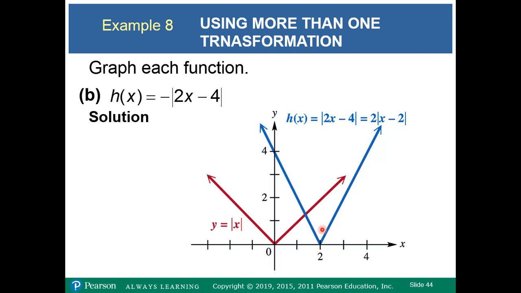Okay, so again, if we left it like this, it would be a horizontal stretch, and then after the horizontal stretch, we're subtracting 4, and then again, we're taking the absolute value. So either way, we'll get the same result. Whether you factor out the 2, which is fine, and use the properties, you're going to get the same graph.